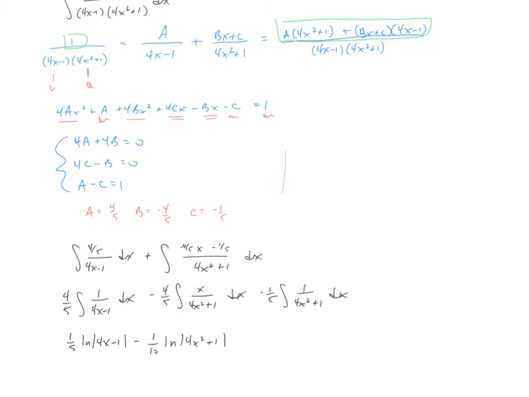And then for the last integral, this one's from the last chapter. This is an inverse tan integral. It's not too difficult, but again, I would encourage you, if you need to write it out, feel free to write it out. But it does give us a negative 1/10 inverse tan of 2x followed by that plus C.